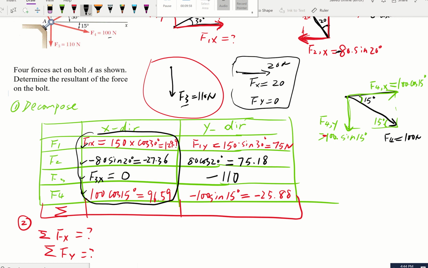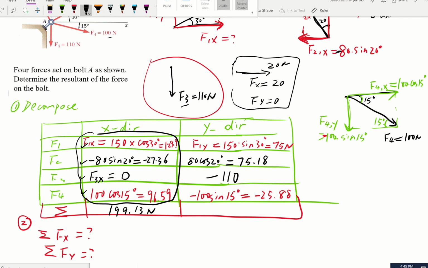So let's go ahead and try. We have 129.9, add the negative 27, so basically minus 27.36, and then plus 0, then plus 96.59. And then I will get the answer as 199.13 Newton.